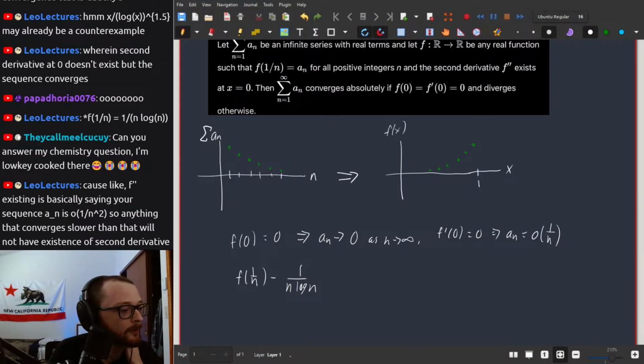X over log x to the 1.5 may already be a counterexample. Second derivative at 0 doesn't exist, but the sequence converges. The sequence is O of 1 over n squared.